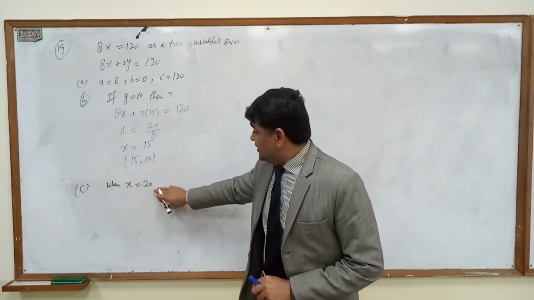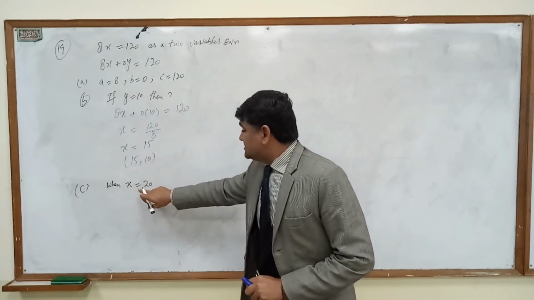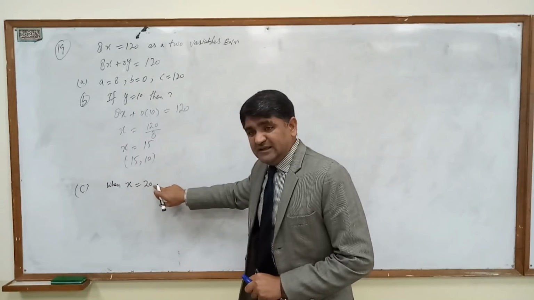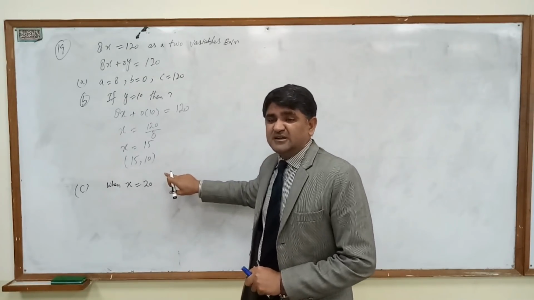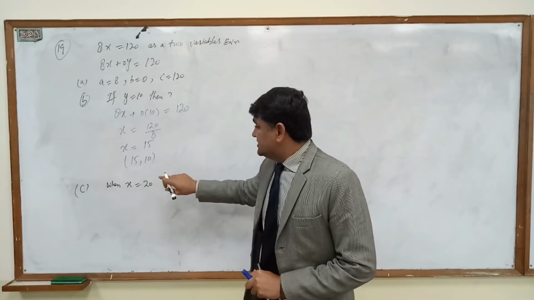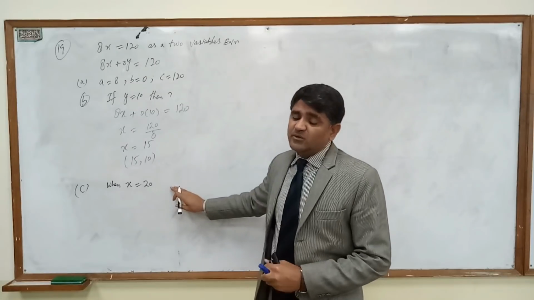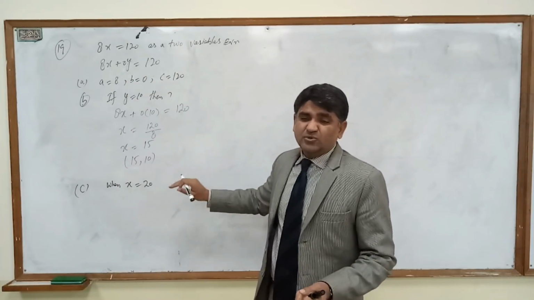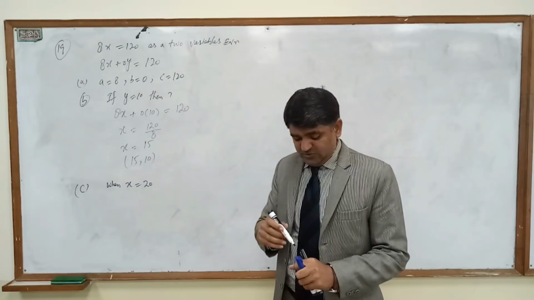So we can simplify: x equal to 20 can't satisfy the equation, because x must be equal to 15 with any value of y; that is the only unique solution set that can satisfy the equation.